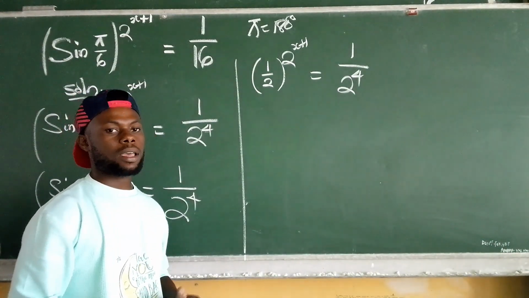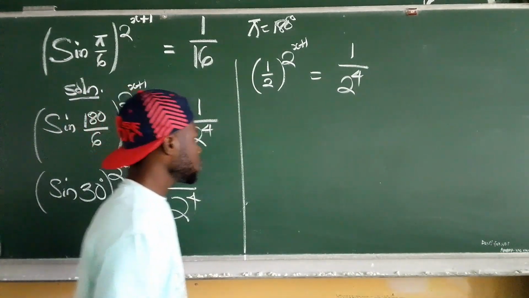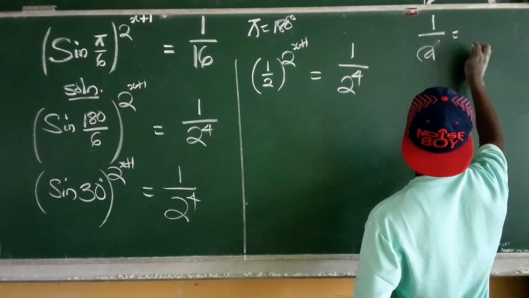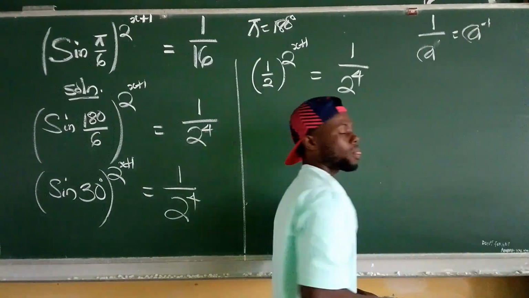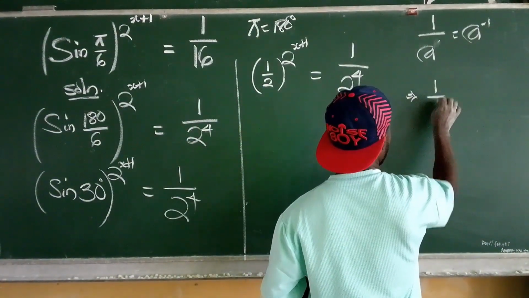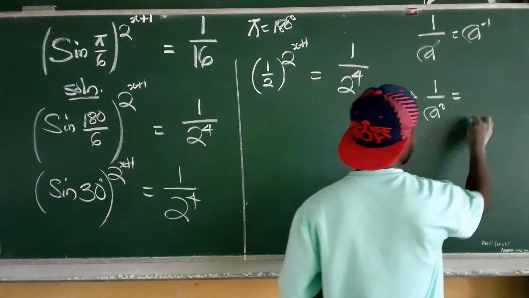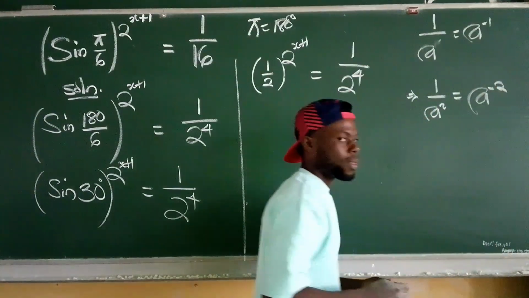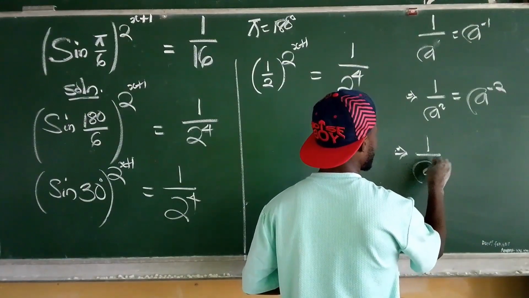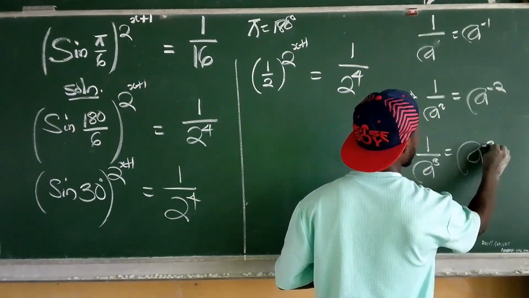Now, let's consider a law of indices that states that 1 over a raised to the power of 1 is the same as a raised to the power of minus 1. Again, 1 over a squared is the same as a to the power of minus 2, and 1 over a cubed is the same as a to the power of minus 3.